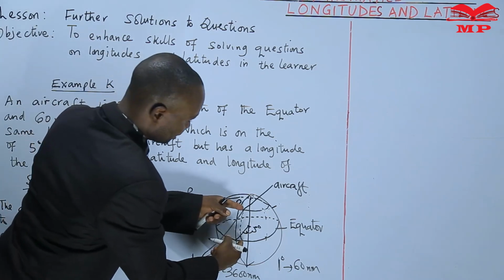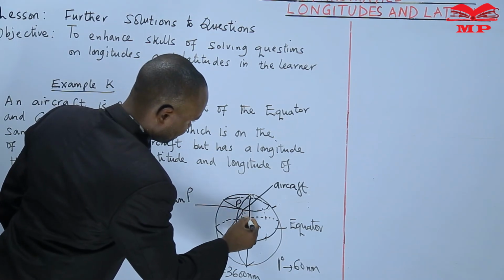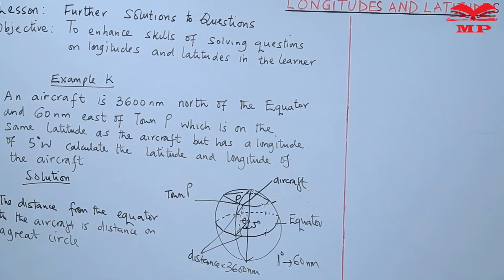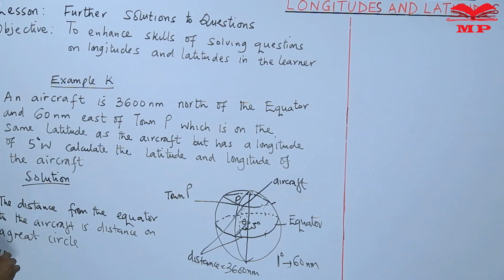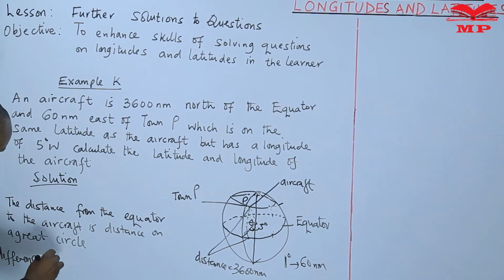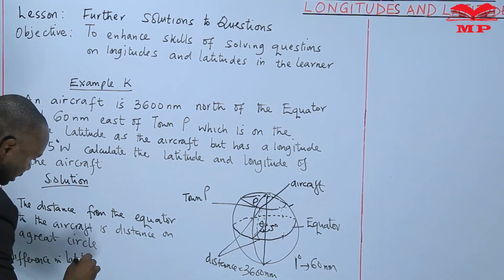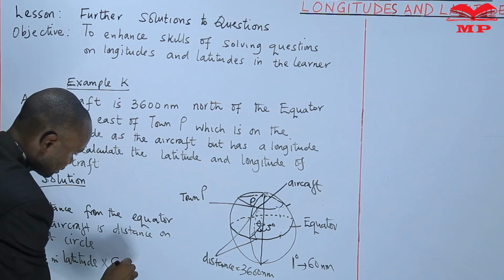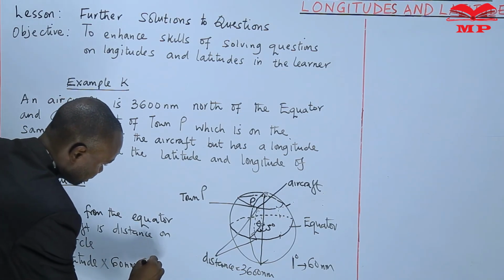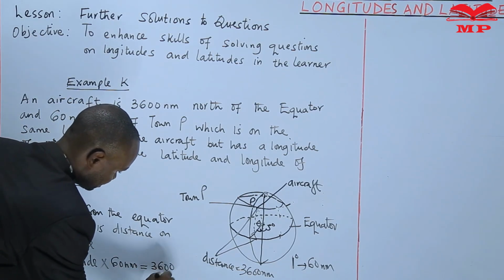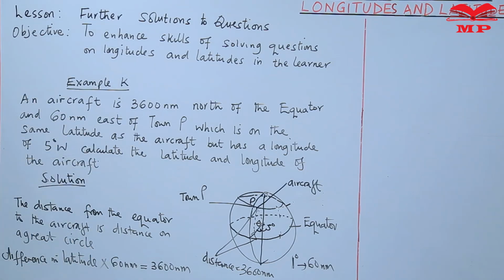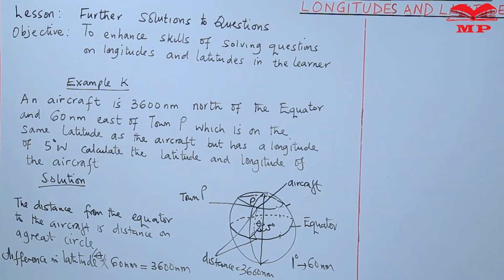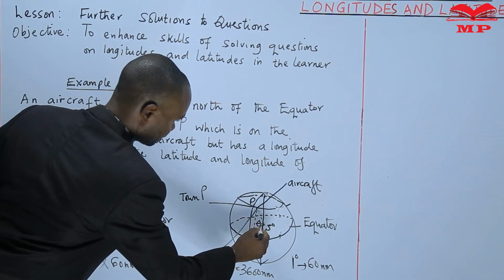So if you look at that difference, I can call that theta, the difference in latitude between the equator and the aircraft, times 60 nautical miles is equal to 3,600 nautical miles. So it is actually this angle, theta degrees.